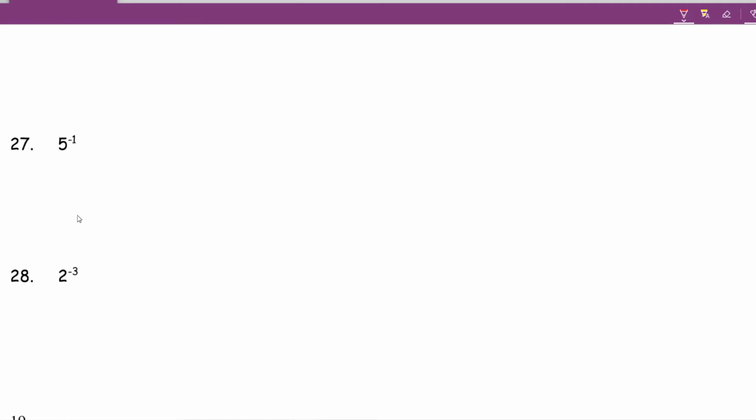Now negative powers, just be careful on negative, it means the reciprocal, we'll get rid of the negative. So remember that if I've got a to the minus n, that is the same as 1 over a to the power n. So the negative 1 means 1 over.